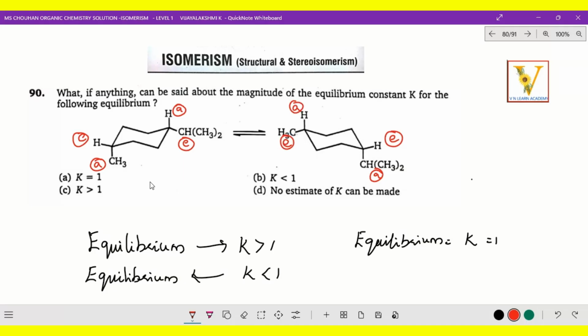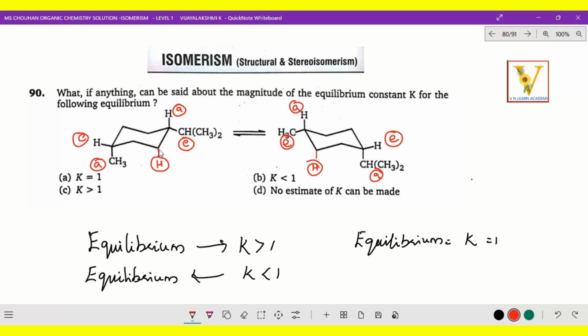Now let us check where the bulky group is present. Bulky groups are over here only. Now in this point here and this point here, hydrogen will be there. So as you observe here, this side, observe hydrogen. So in this point CH3, and here hydrogen is there.